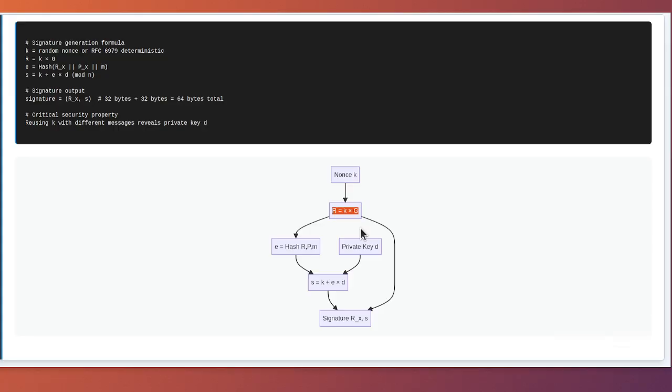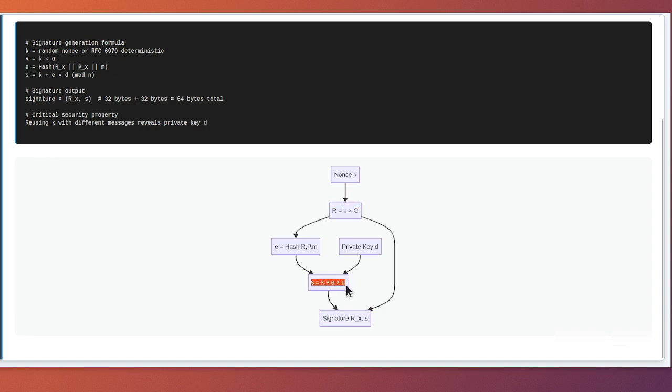This convention allows us to save 32 bytes in the signature by only transmitting the X coordinate of R, since the verifier can reconstruct R knowing only its X coordinate and the fact that it has an even Y coordinate. This is possible because for any X coordinate on the curve, there are at most two corresponding Y coordinates, and they have opposite parity.